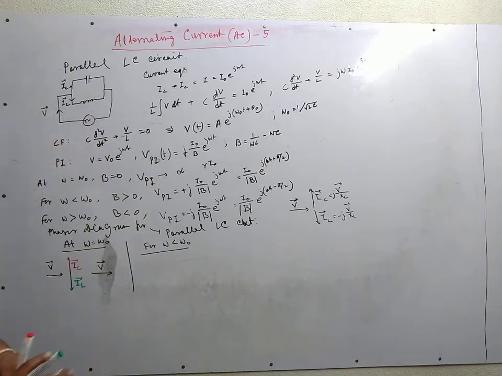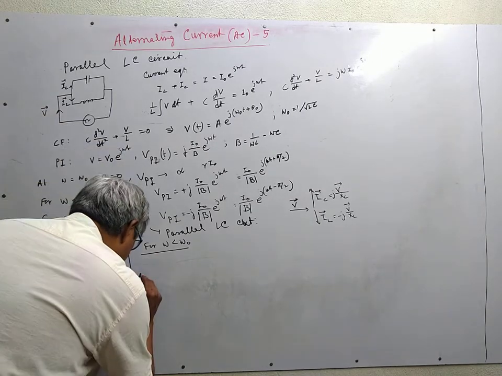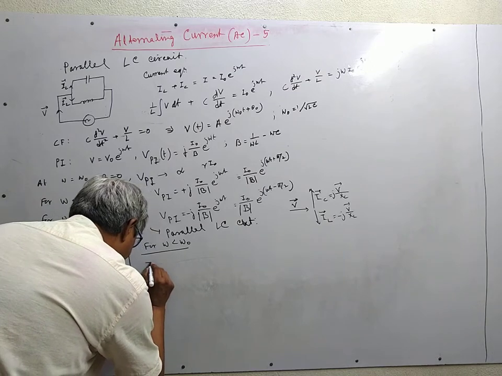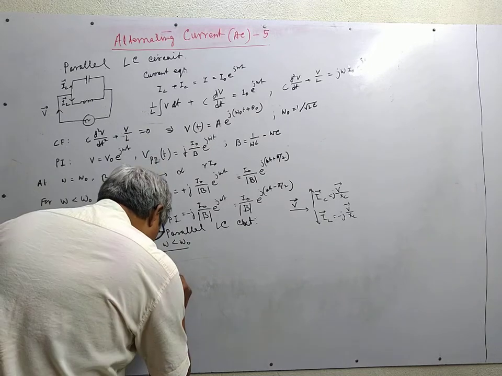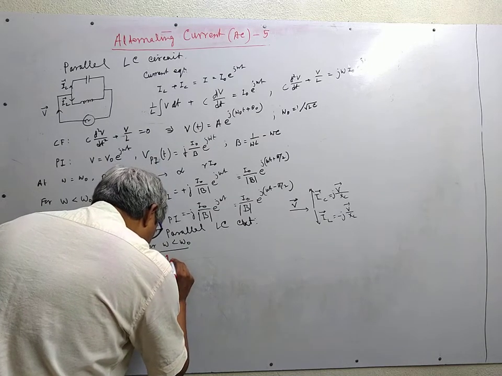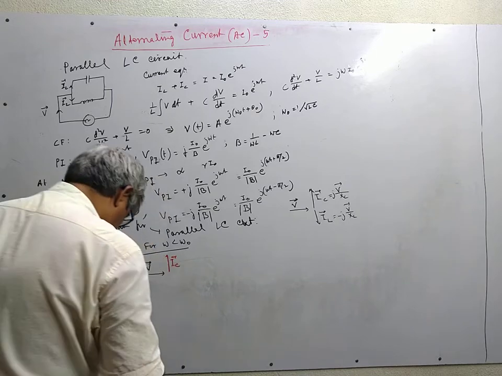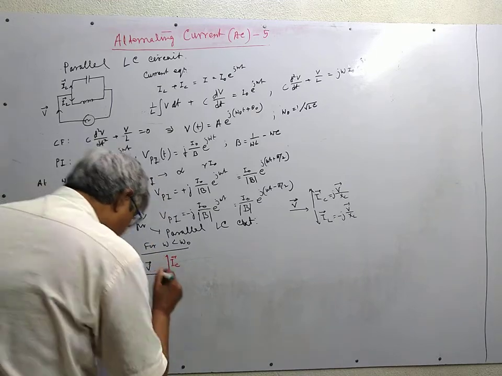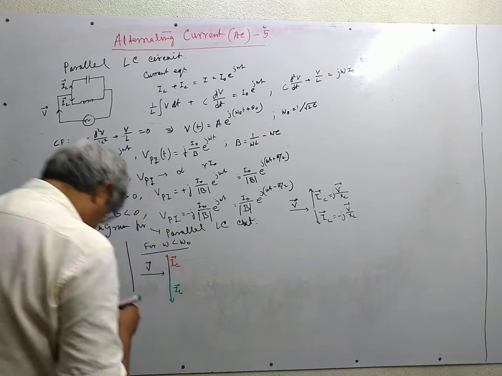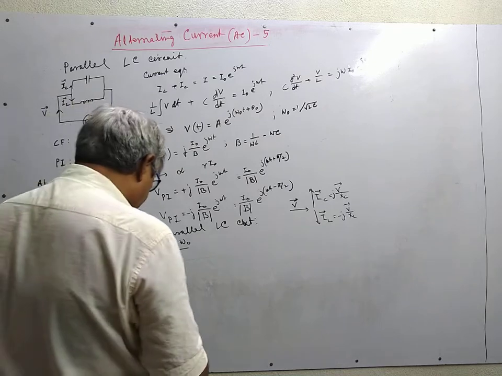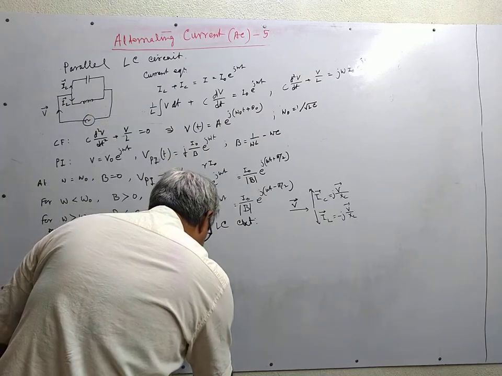For omega less than omega 0, IL is greater than IC. This is the reference voltage. IL has a larger magnitude, so the effective circuit is this.